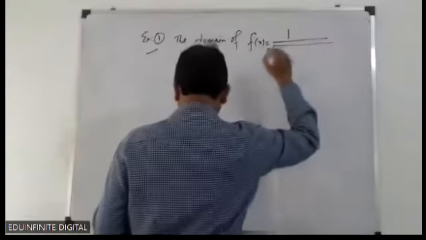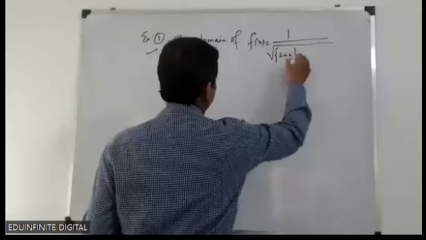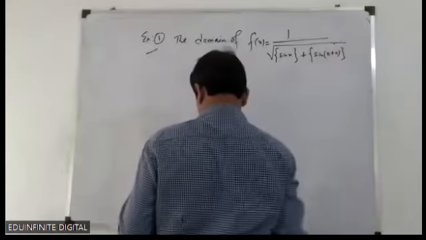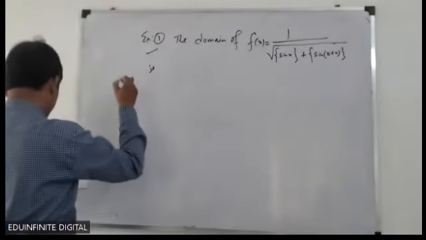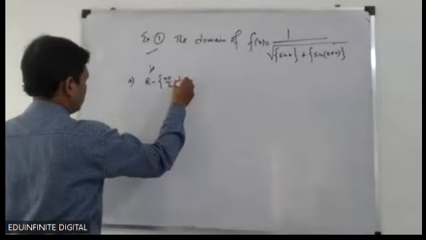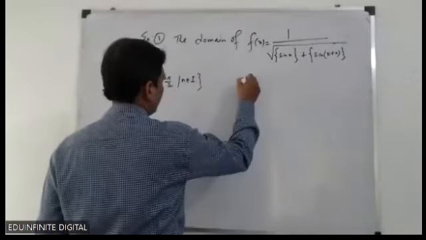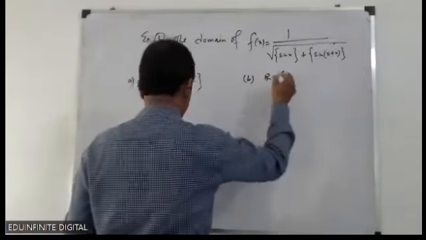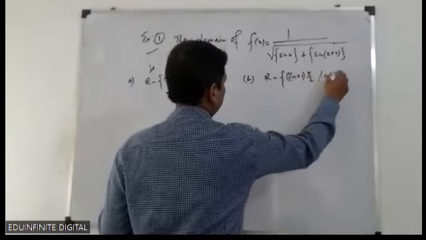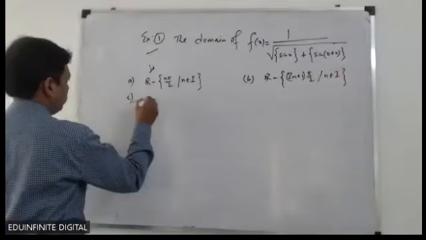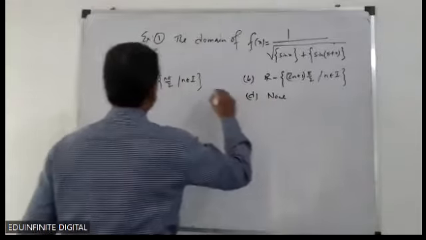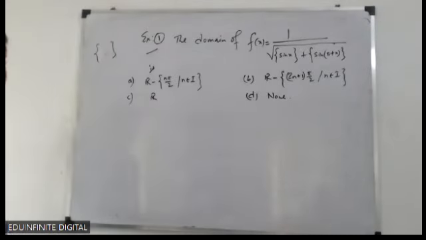The domain of 1 by root over fractional part of sin x is, where the curly braces denote the fractional part of x.